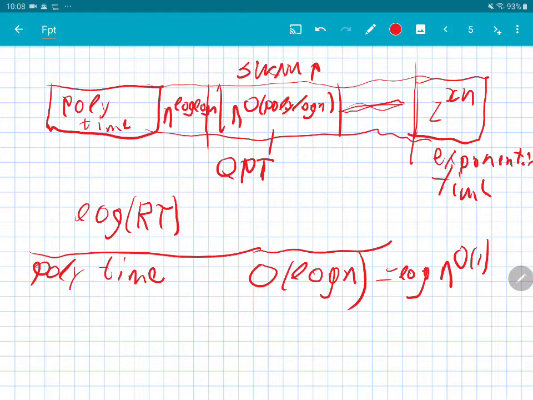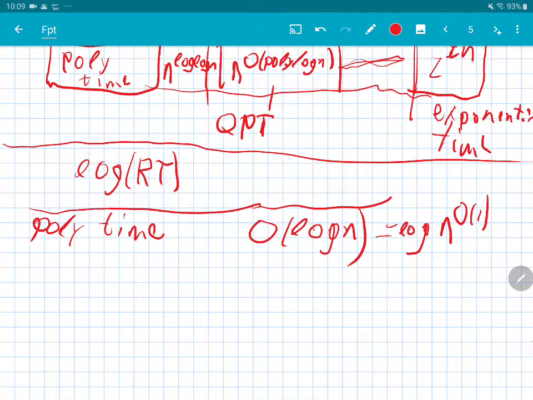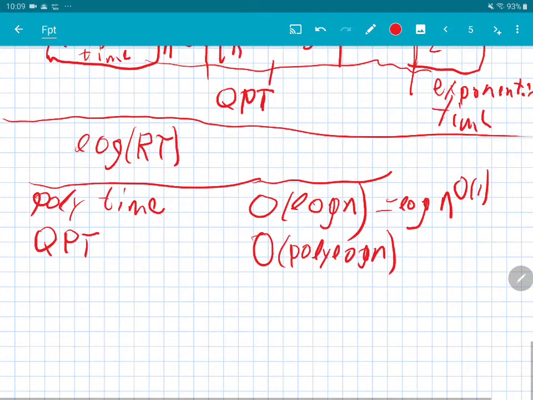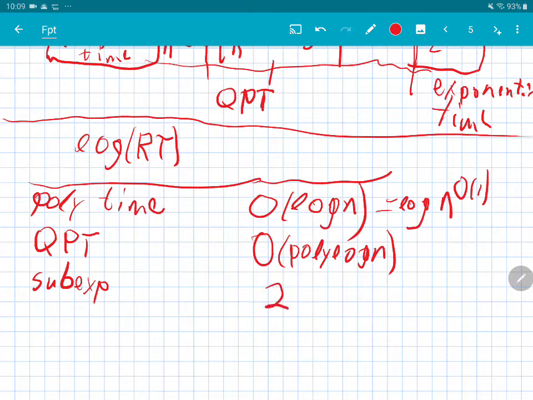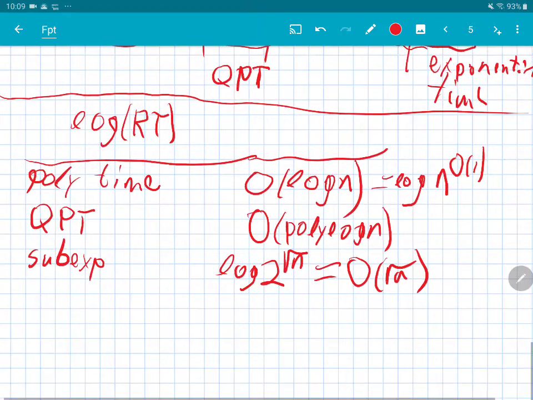We are now in the age of exponential curves and log scale curves. So quasi-polynomial time is essentially polylog. Then there are things like sub-exponential, which I didn't even mention, which is running time of the form 2 to the square root n, which is square root n in log scale. And then at the higher end of this curve, we have exponential time.